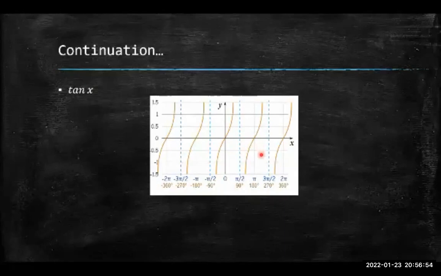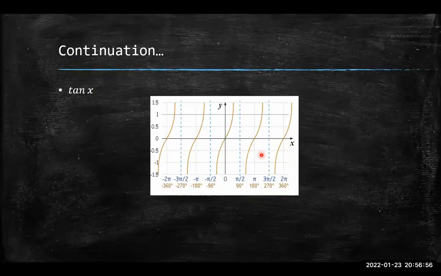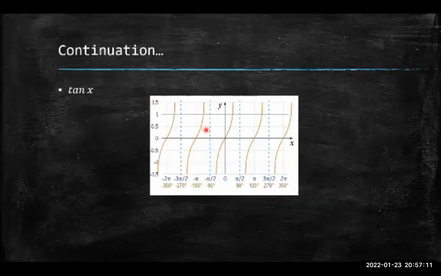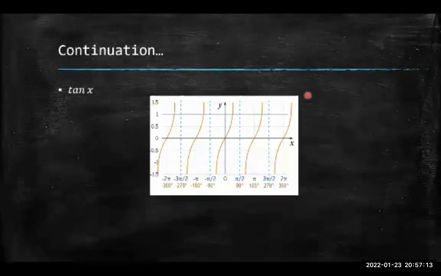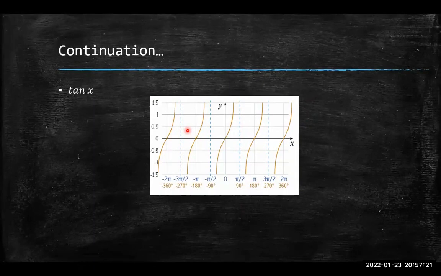Unlike my cosine and sine graphs, where the maximum value was 1 and the minimum was -1, tan does not have a maximum and a minimum value. Here in this diagram, they only go up to 1.5, but it actually goes up to positive infinity and goes down to negative infinity, right? There is no limit. Do you understand that?